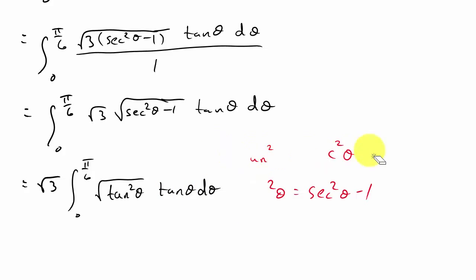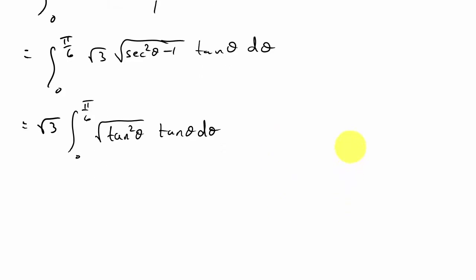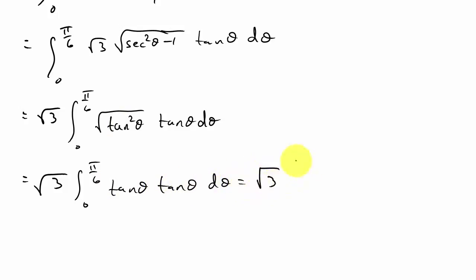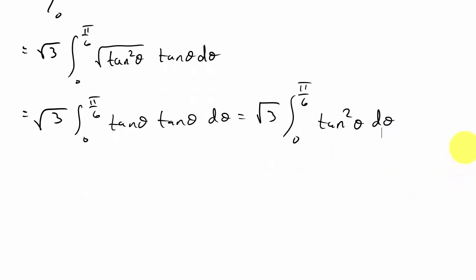Let me get this out of the way. Alright, so we have square root of 3 from 0 to pi over 6. Now the square root of tangent squared is tangent theta, so that's tangent theta times tangent theta d theta, which is the square root of 3 from 0 to pi over 6 of tangent squared theta d theta. Alright, now let's look at this, the integral of tangent squared theta.